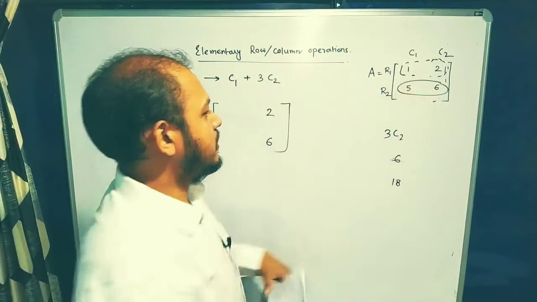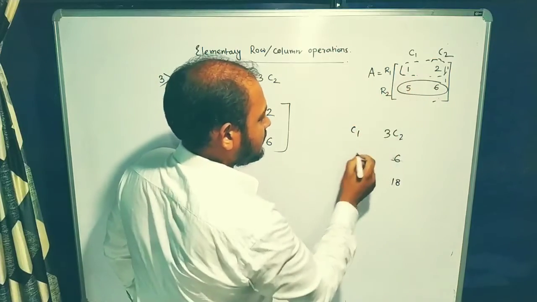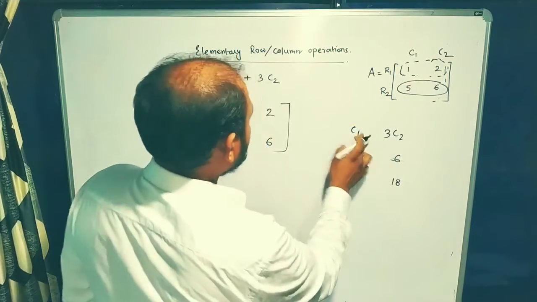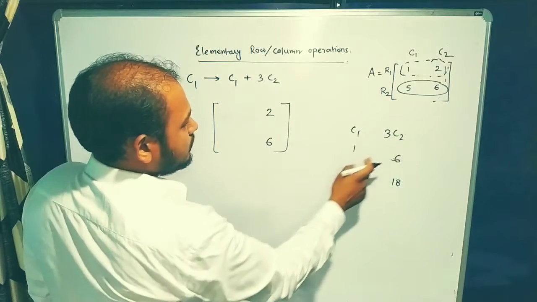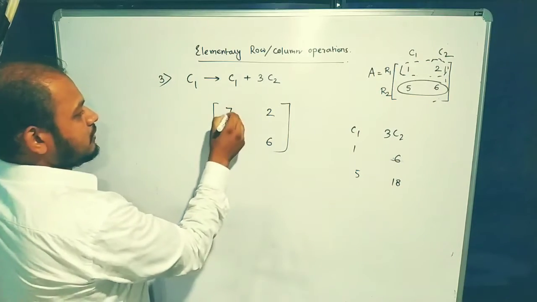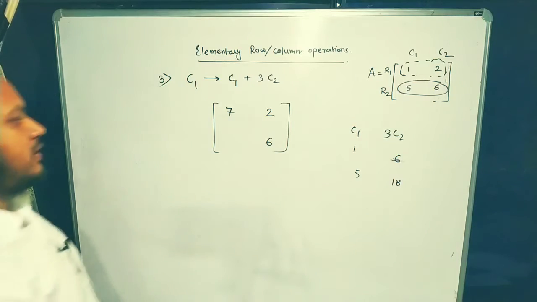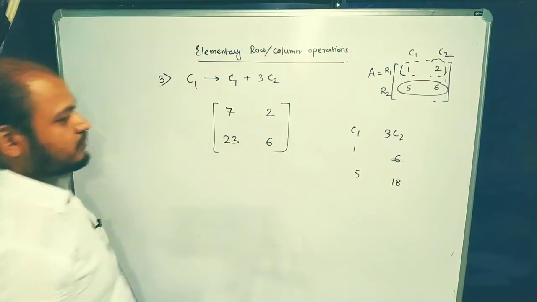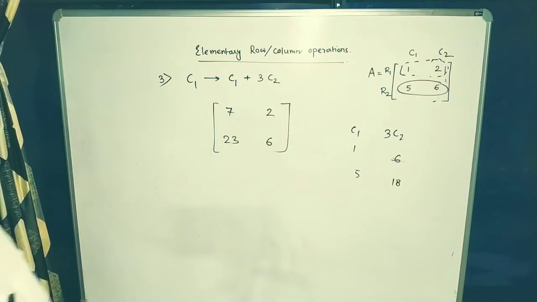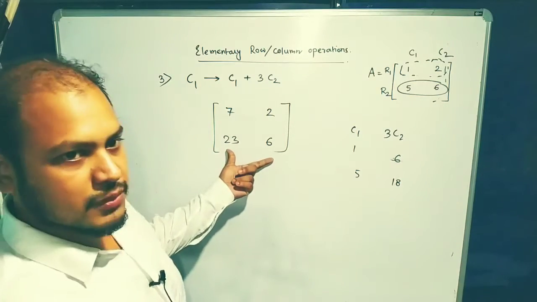What is C1? C1 is 1 and 5. The C1 plus 3 C2 is 1 plus 6 is 7, and 5 plus 18, you find it out, it is 23, right? So we have this operation done.